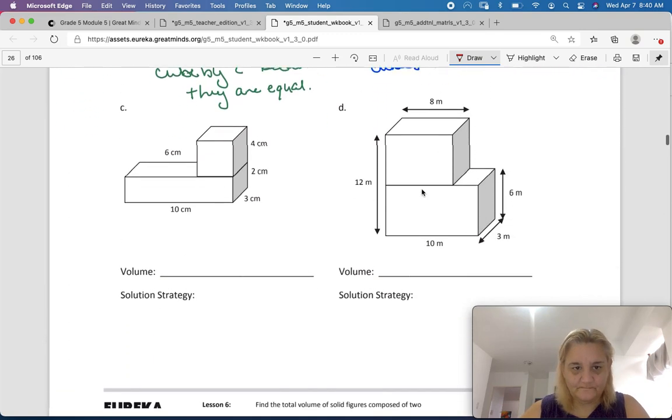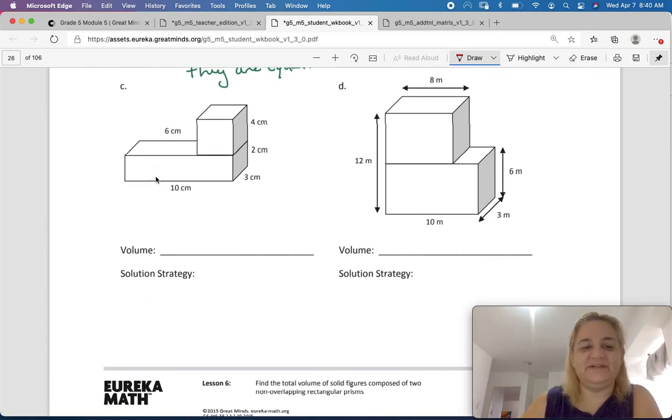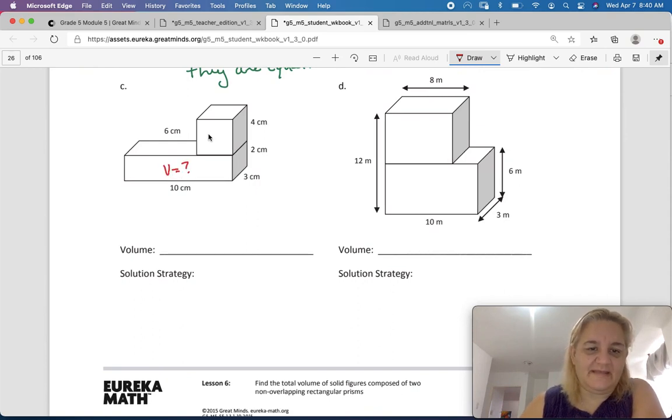Okay. Next one. Well, we're going to have to do the same strategy here. We're going to have to find the volume of this one, and then find the volume of this one, and then add them together. So, length here, this is the length, would be 10 centimeters times width is 3 centimeters times height is 2 centimeters.